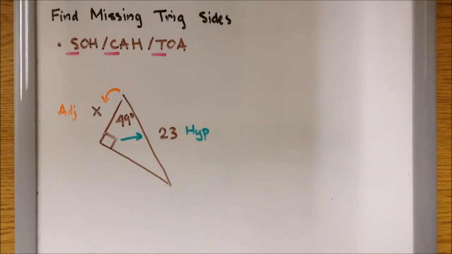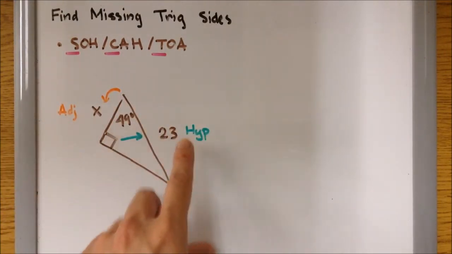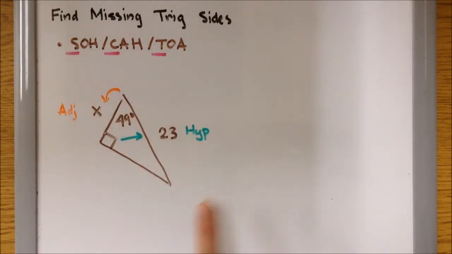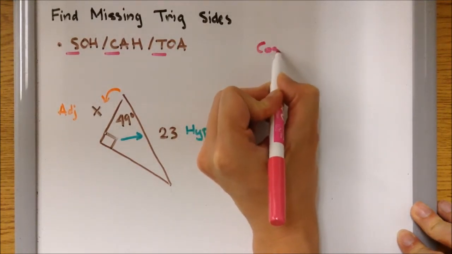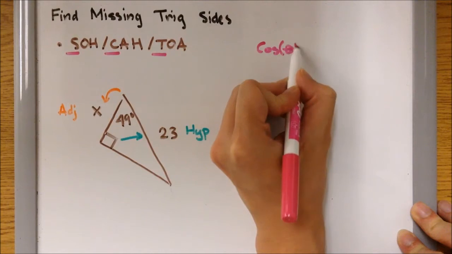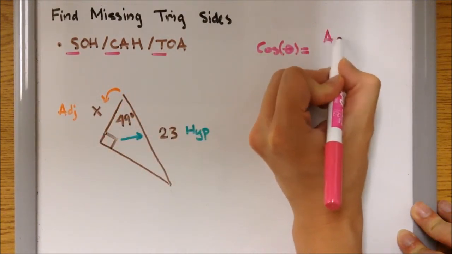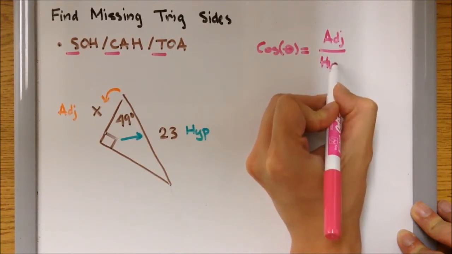Alright, so for adjacent and hypotenuse, looking up here, the only one of the three trig functions that uses A and H is cosine. So let's do the setup. Now it's cosine theta equals adjacent over hypotenuse.